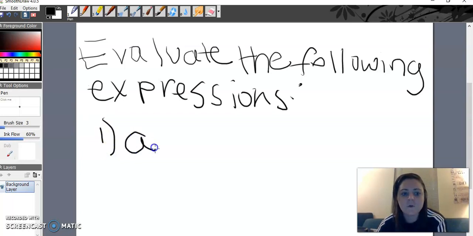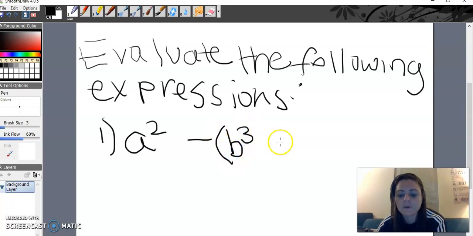is a squared minus b to the third power minus 4c.